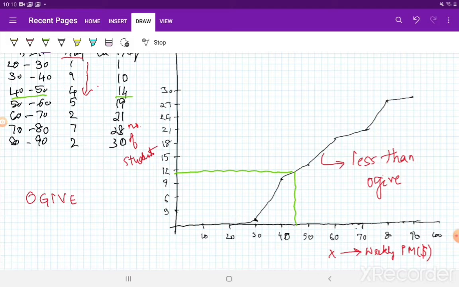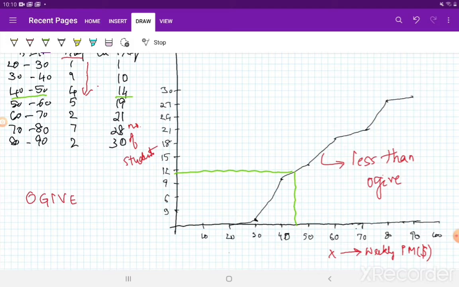So by converting this table into a graph, I can even give approximate values and information regarding the in-between points. That's an advantage that the graphical representation has over the table.